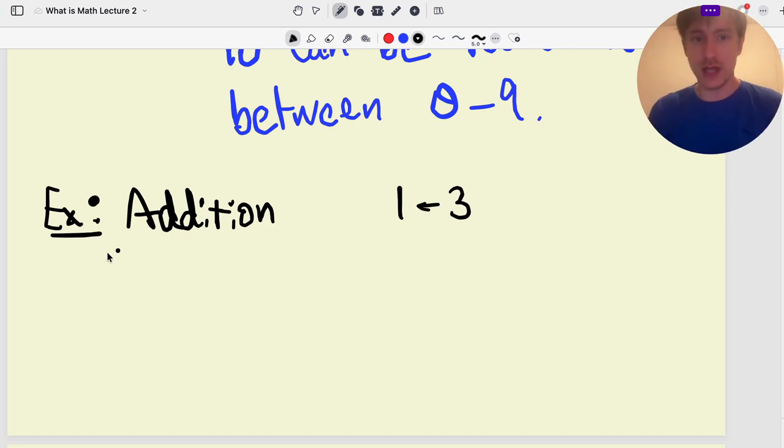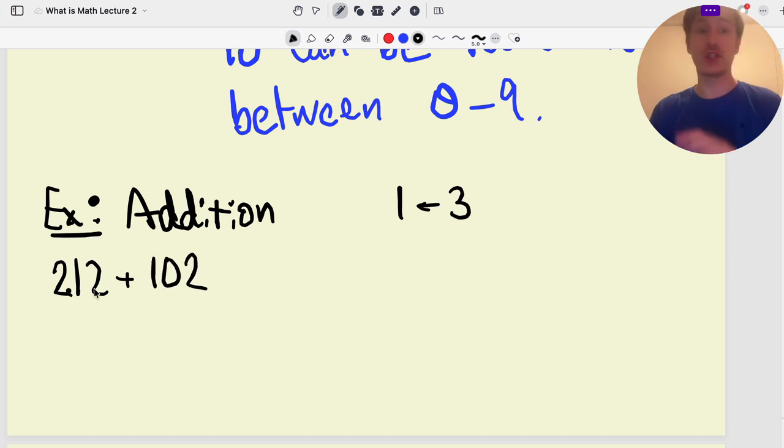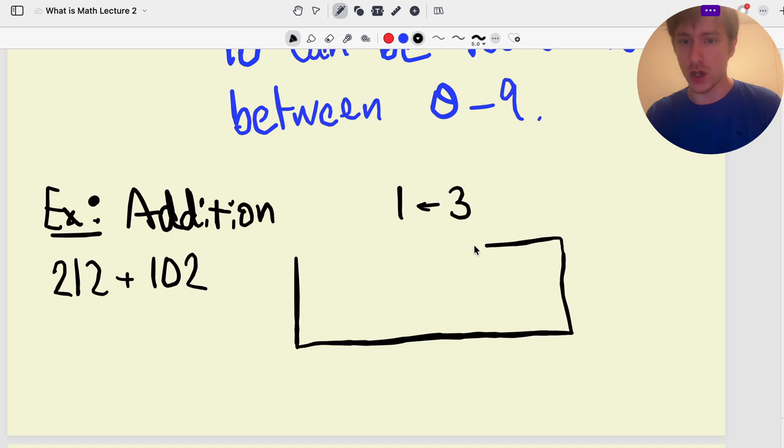Okay, so let's suppose that I wanted to do the operation 2, 1, 2, and I wanted to add that to 1, 0, 2. I can't call this 200, okay? 100 does not exist in a 3-1 world. But let's just perform this operation, and I'll kind of show you what's going on. So what I'll have is some number of boxes.